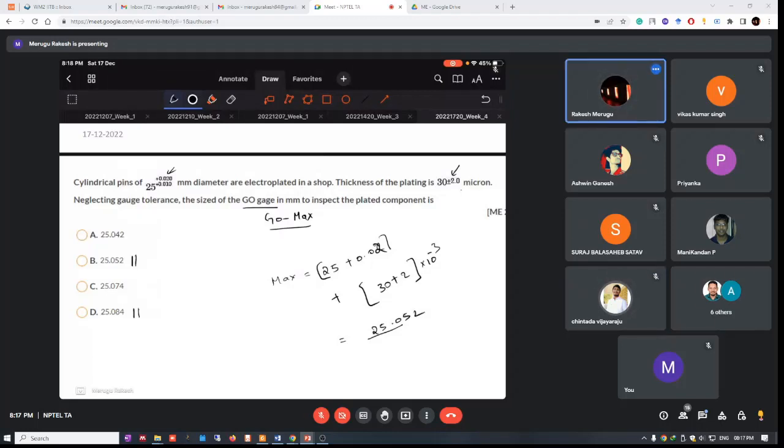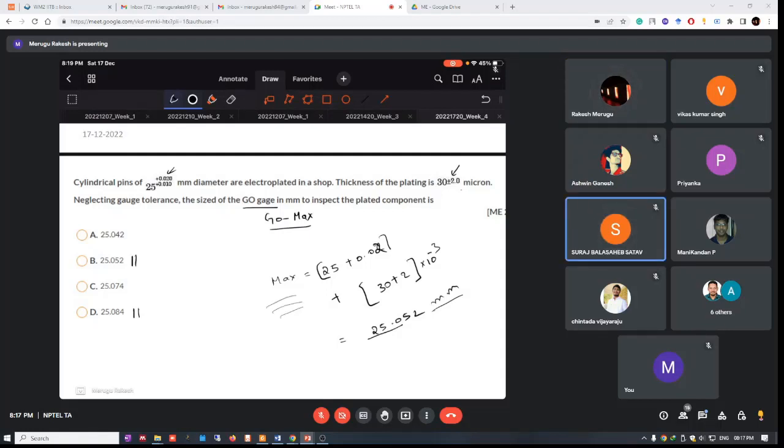Okay. Anyone tried with the diagram for this? Yes, sir. So did you find it? Did you get the answer? Thickness should be double, sir. Okay. But which method do you feel easier, the diagram or this, as I showed here?